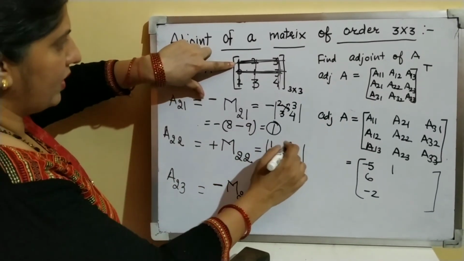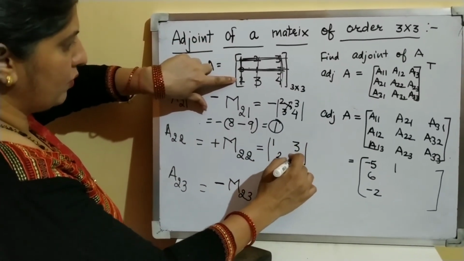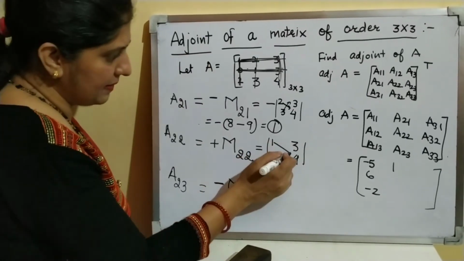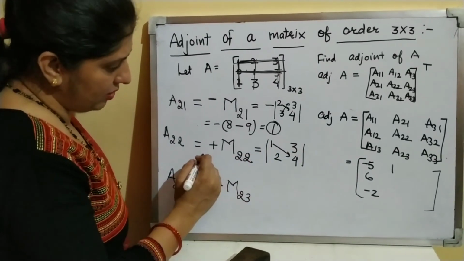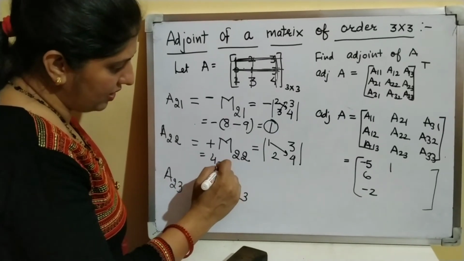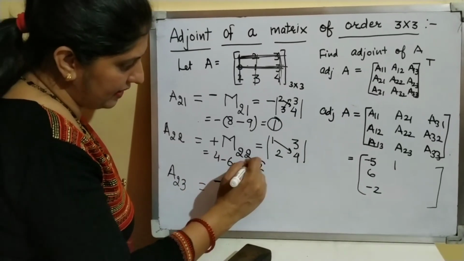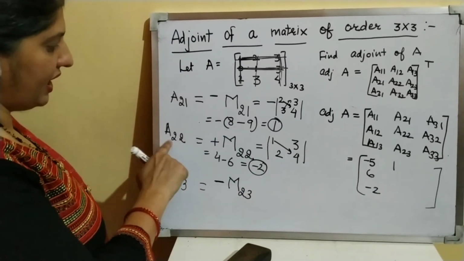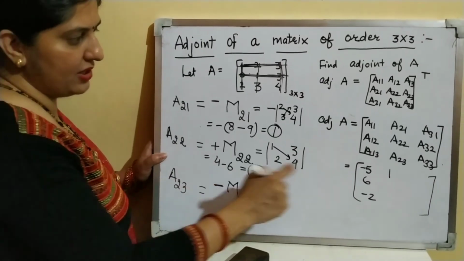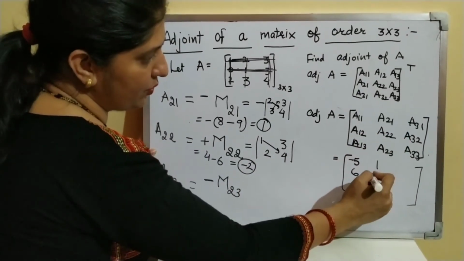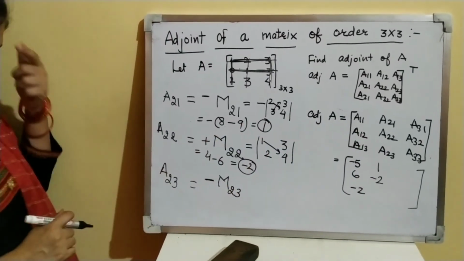We get 1, 3, 2, 4. Just simplify it. 4 ones are 4, minus 3 twos are 6. We get minus 2. So A22 is equal to minus 2. Put the value.